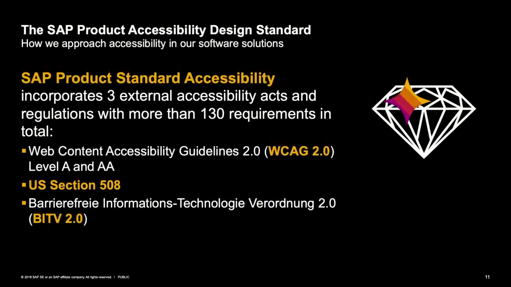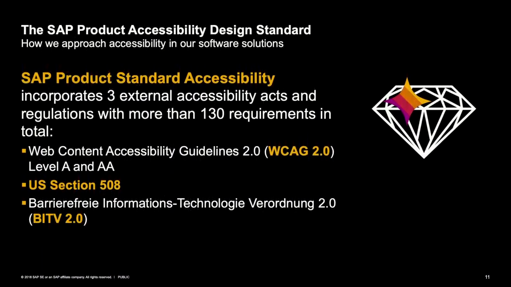The second is Section 508, and because our company started in Germany and because we have a market share of German businesses somewhere in the very high 90 percentile, we also include the German one, which I won't try to pronounce, but the short form is BITV 2.0. It's very similar in a lot of ways to WCAG 2.0 AA.